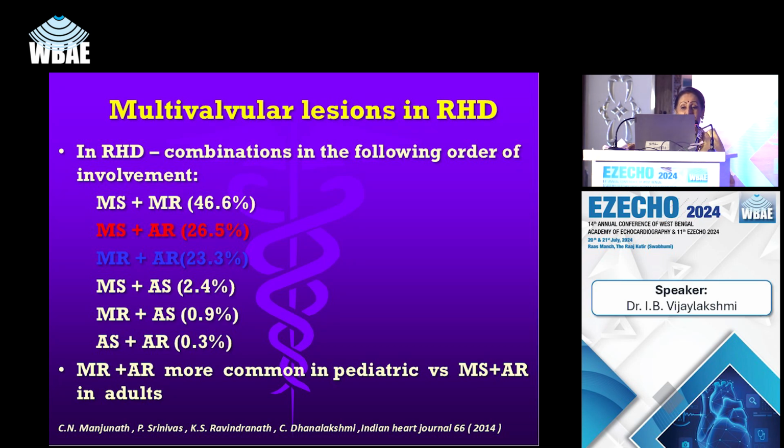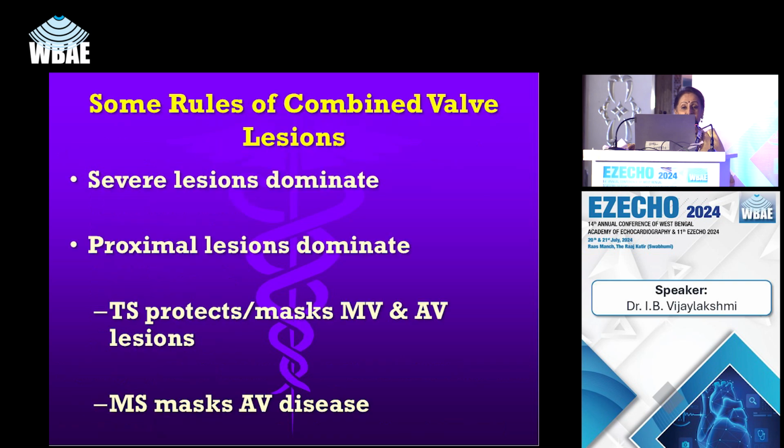That's how we know we have to see the predominance. The rules for combined valve lesions: which valve is severe, which lesion is dominant. The proximal lesion is dominant. TS protects or masks the mitral or aortic valve lesion. MS masks the aortic valve lesion. These are the basic things that people should remember.